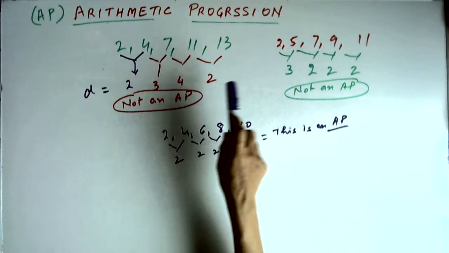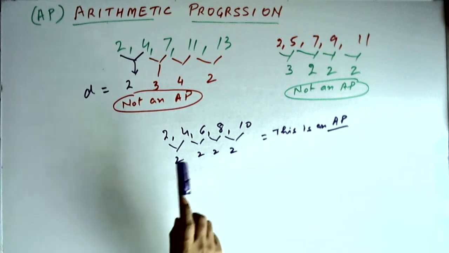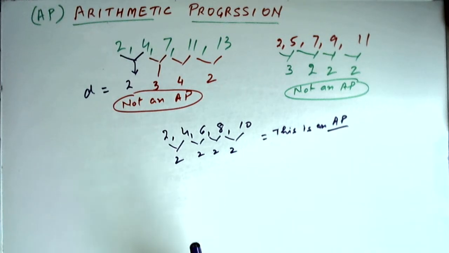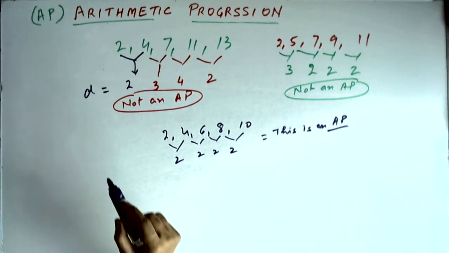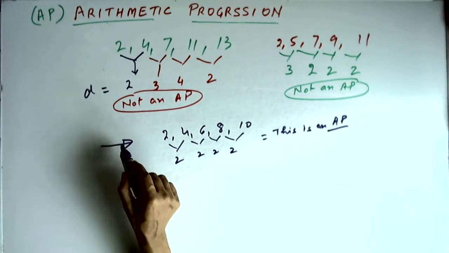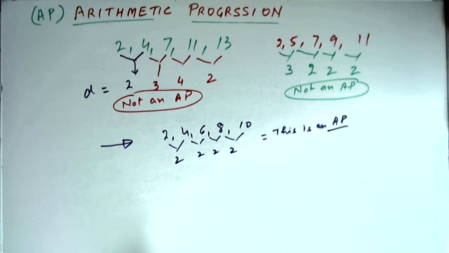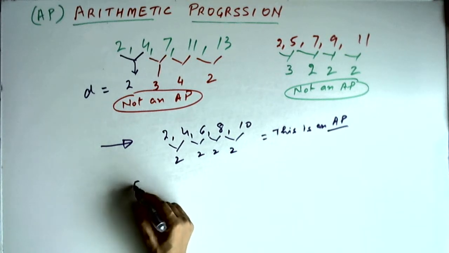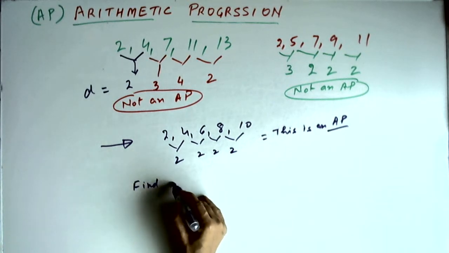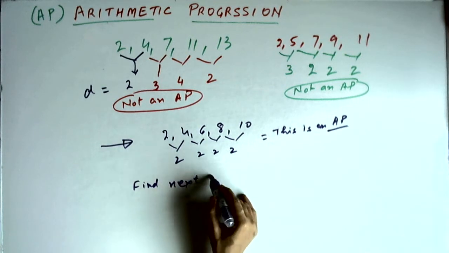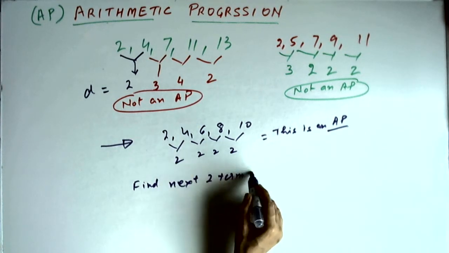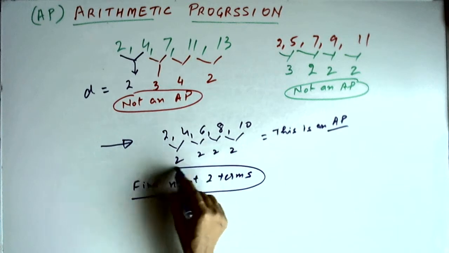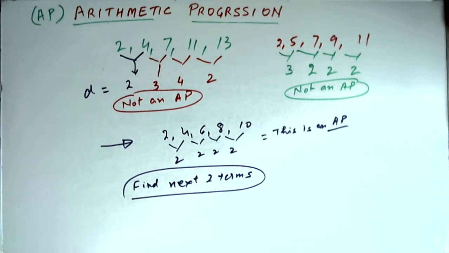Now all these progressions have 5 terms, so as such they have a finite number of terms. Suppose this is an arithmetic progression, and in the question they say find the next 2 terms. For this it is quite simple because we have found the difference is 2.